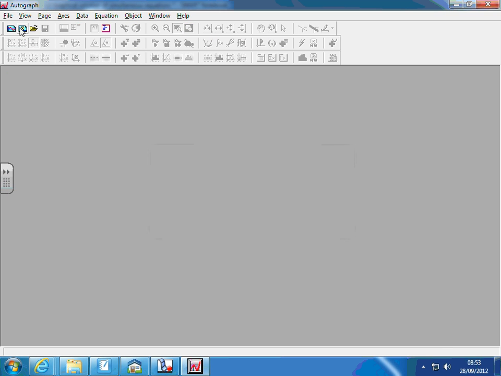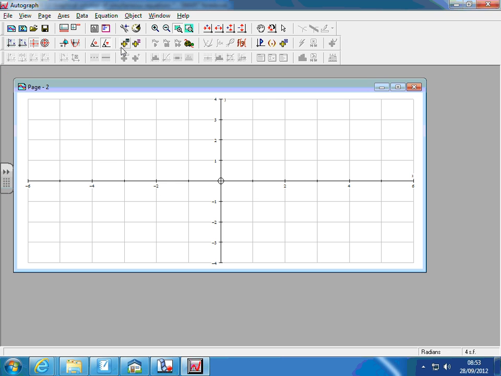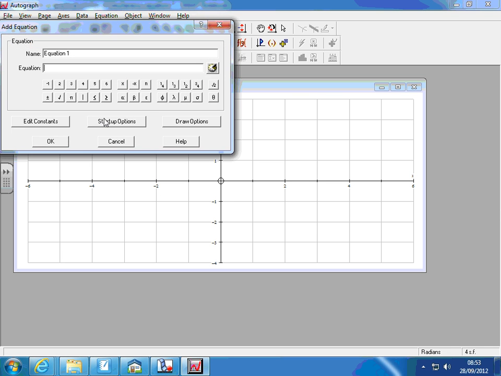So what we're going to type into Autograph is y equals ux plus a half, well, 1 over 2, 0.5 is probably the easiest way to enter that, a x squared. Y equals ux plus a half a x squared.